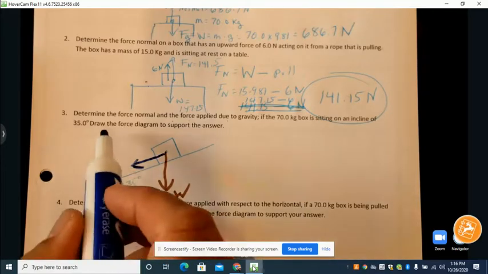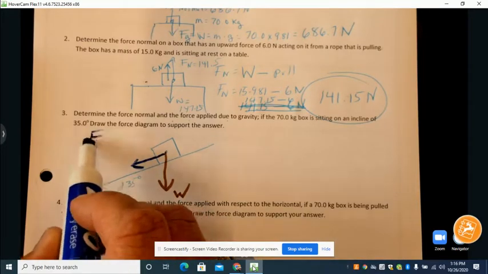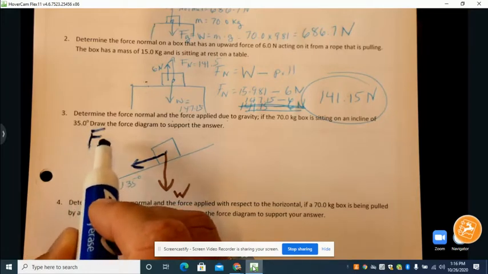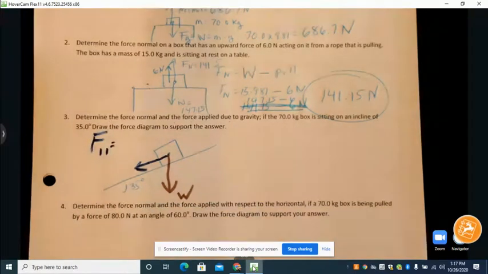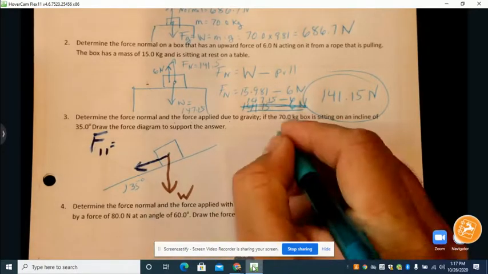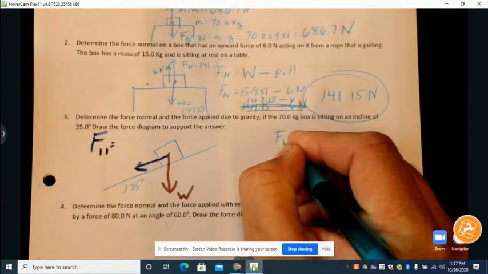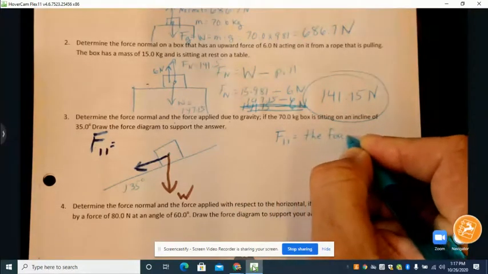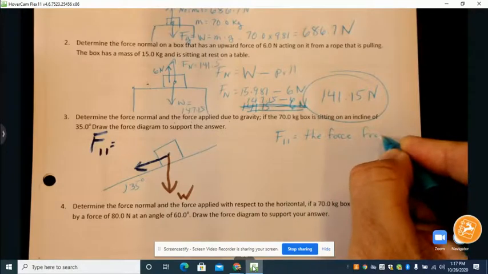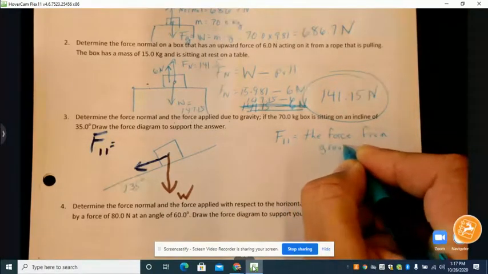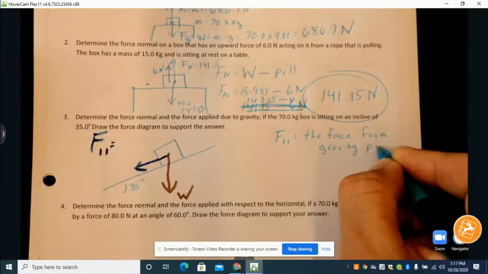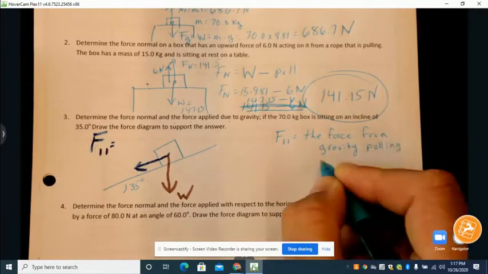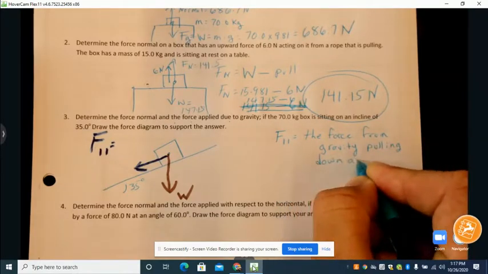This is called force parallel. Those two lines are parallel lines, right? Force parallel: the force from gravity pulling down an incline.